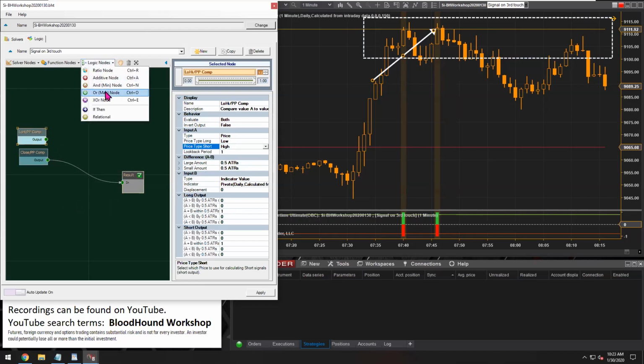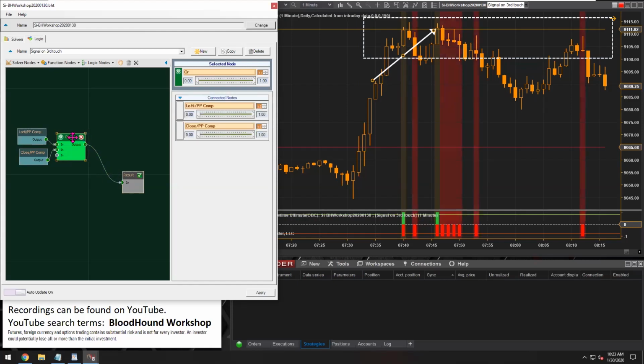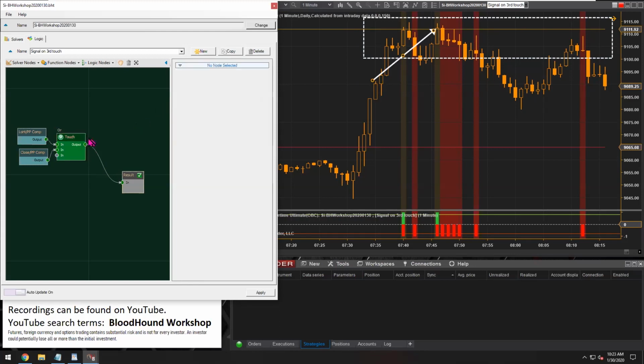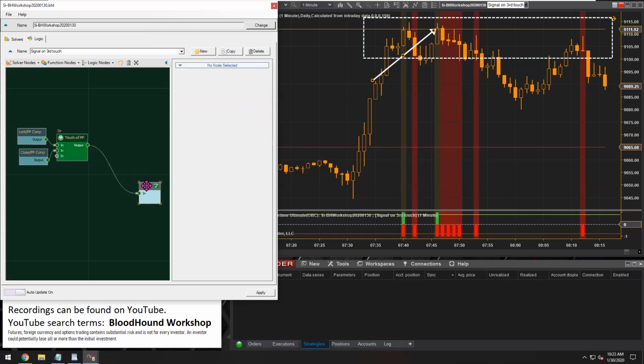Next we will join them together with an OR node like that. And there we go. We'll just call this OR node "touch", touch of the PP plot. Something like that.